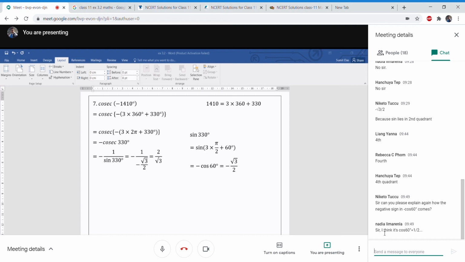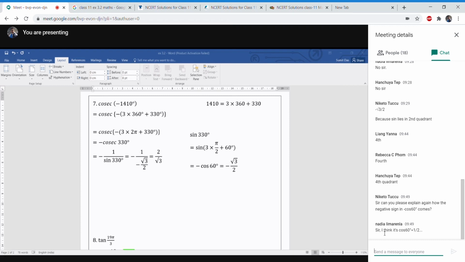Ah, sorry, sorry. Cos 60 degree value is 1 by 2. I was taking the sine value. So the answer to this question will be 2.